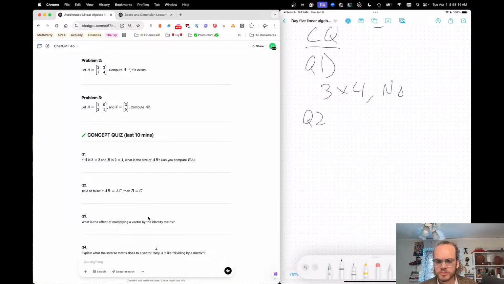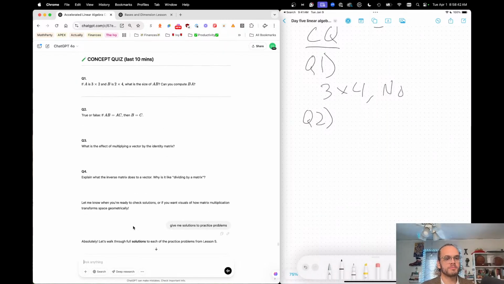Okay, Q2. True or false? If AB equals AC, then B equals C. Ooh, interesting. I think that's true, but I'm going to screenshot this one because I'm not 100%.